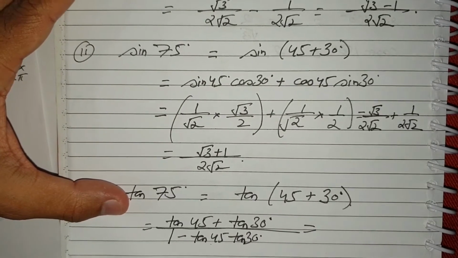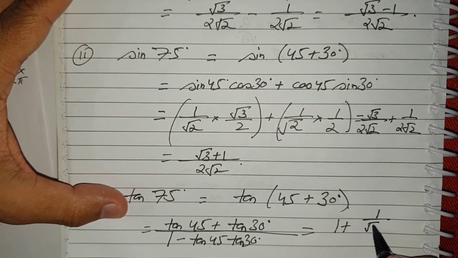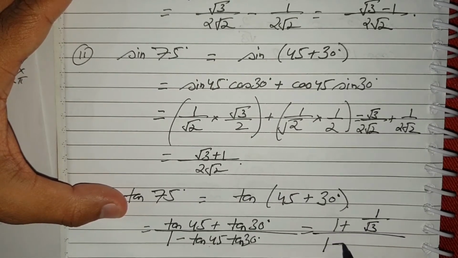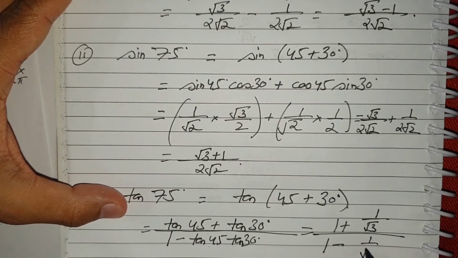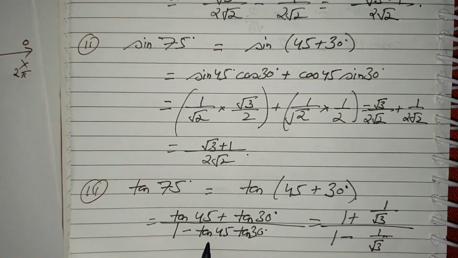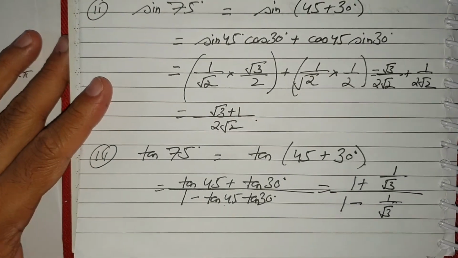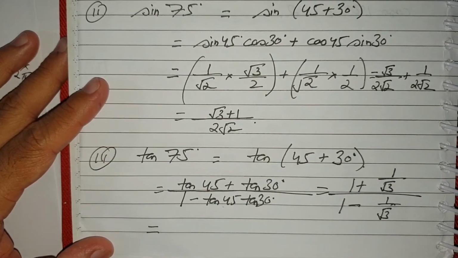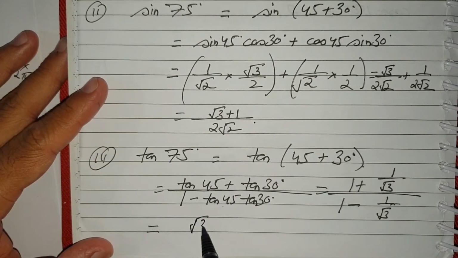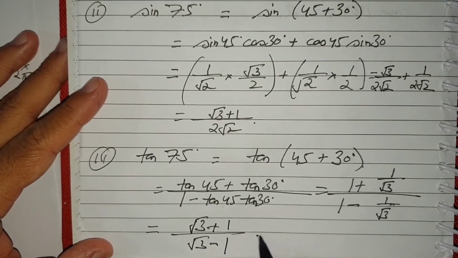Tan 45 is 1, tan 30 is 1 by root 3. Now solving this, we get root 3 plus 1 upon root 3 minus 1.